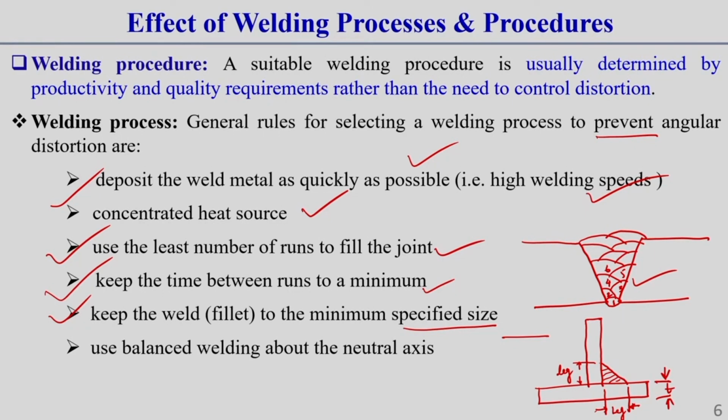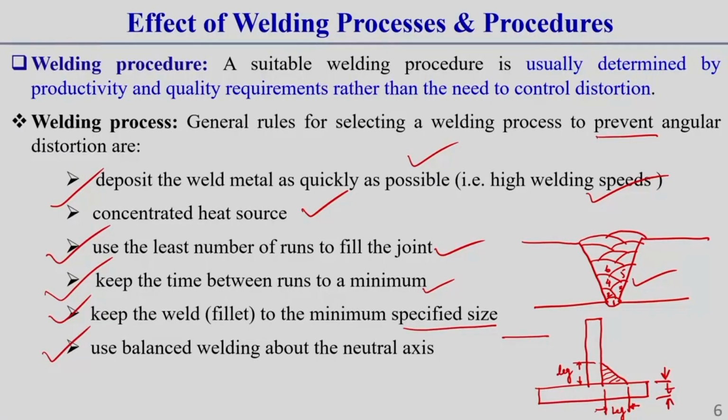Now, use balanced welding. This is also another very important aspect of the welding process to control distortion. So, use balanced welding about the neutral axis. What does it mean?